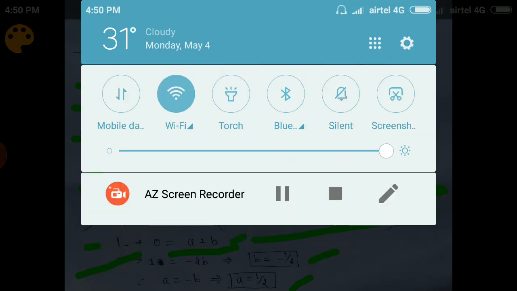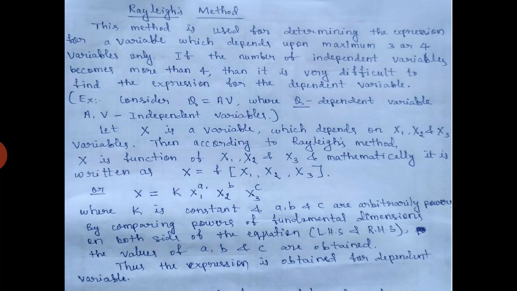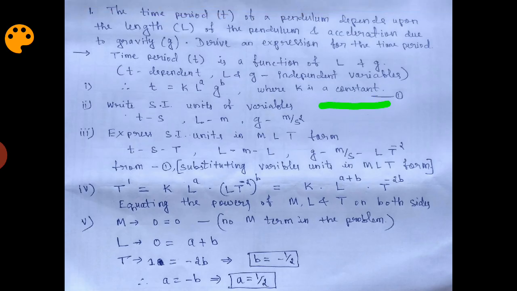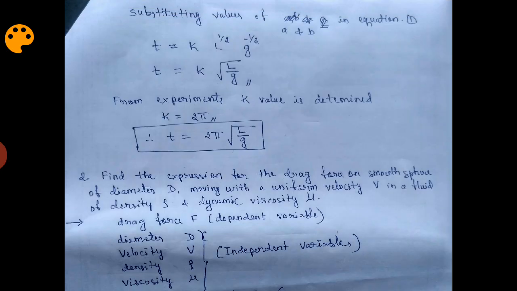Then substituting the values of a and b in equation number 1, we will get the relation between the variables. The value is substituted: T is equal to k into L raised to a, in place of a the value is half, and g raised to b, the value is minus half.